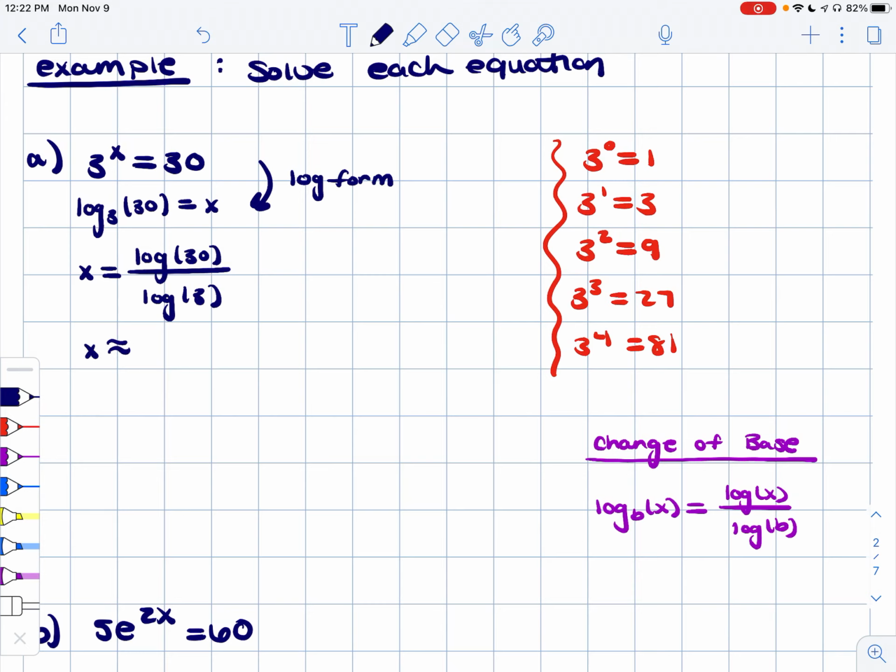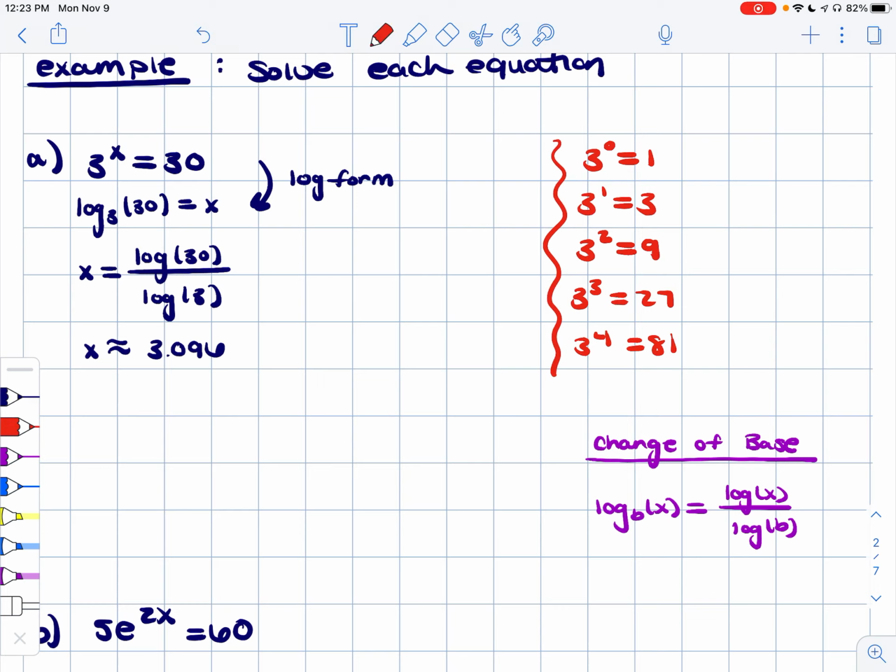So remember, your log button is just over on that left-hand column if you're using a TI-83 or TI-84, right next to the 7 key. You're just going to punch it in just like that, and you'll get approximately 3.096 as your answer.